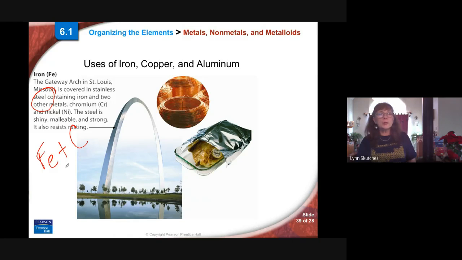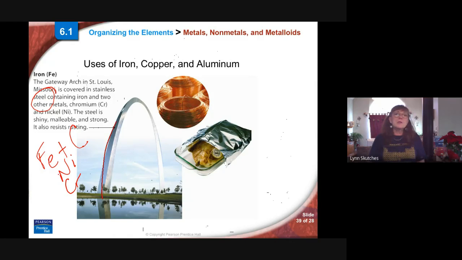Wrought iron is just iron and carbon. If you want stainless steel, you've got to throw in some nickel, some chromium, maybe some vanadium, maybe some other stuff. Probably some of you have stainless steel fixtures in your house as well. But when you hear the word steel, you need to think iron.